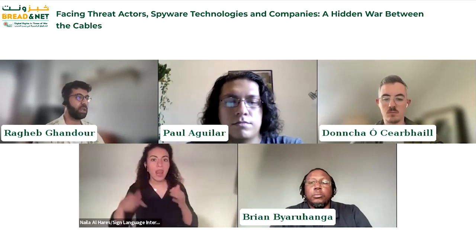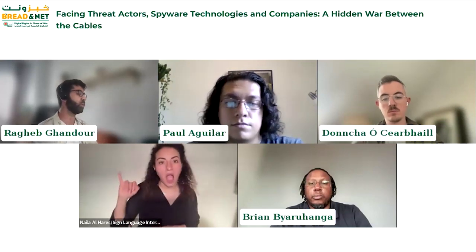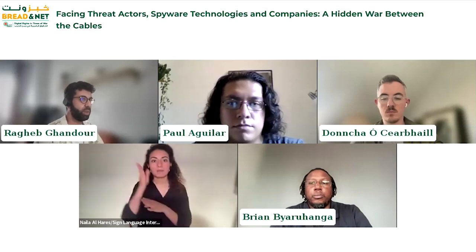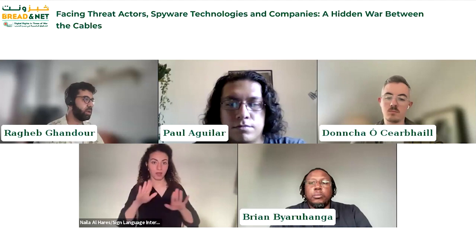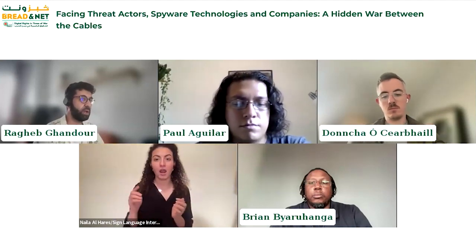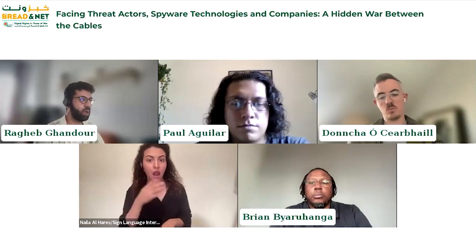So one of the worries that I have is AI. Potentially this spyware could be much more invasive in the coming years. With this question, we end our session today. I will open the floor for questions, if any of our attendees has a question for Donaka, Brian, or Paul.